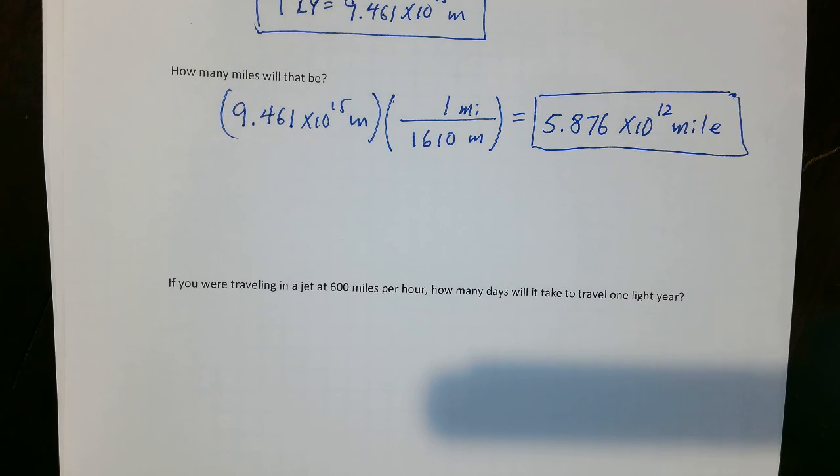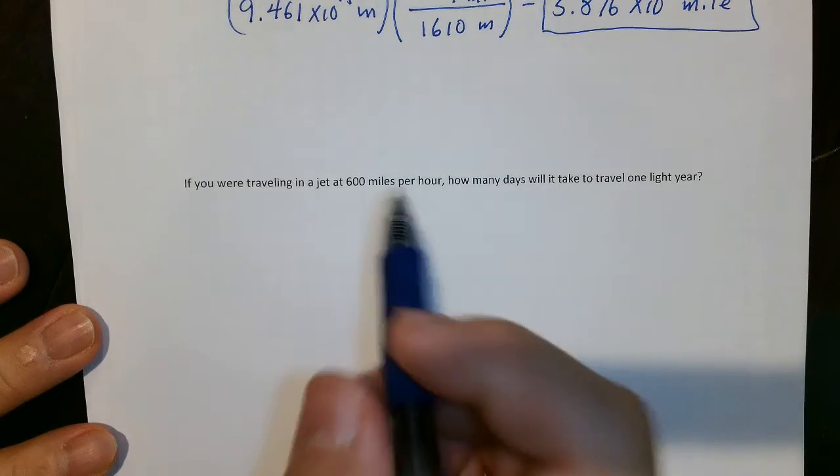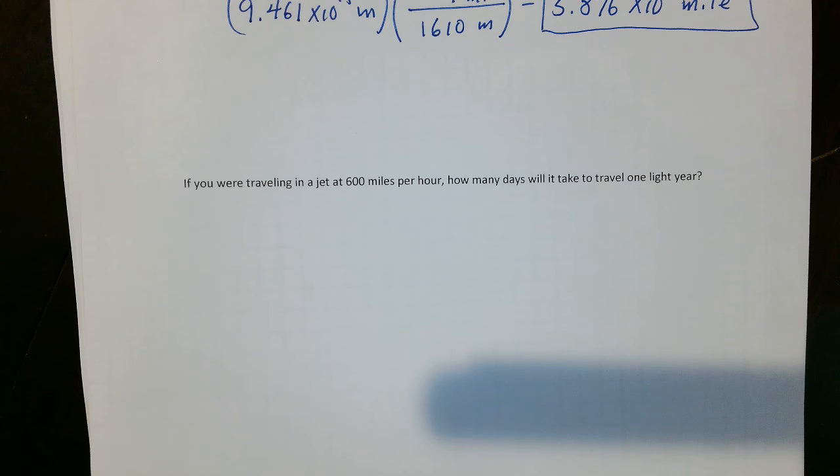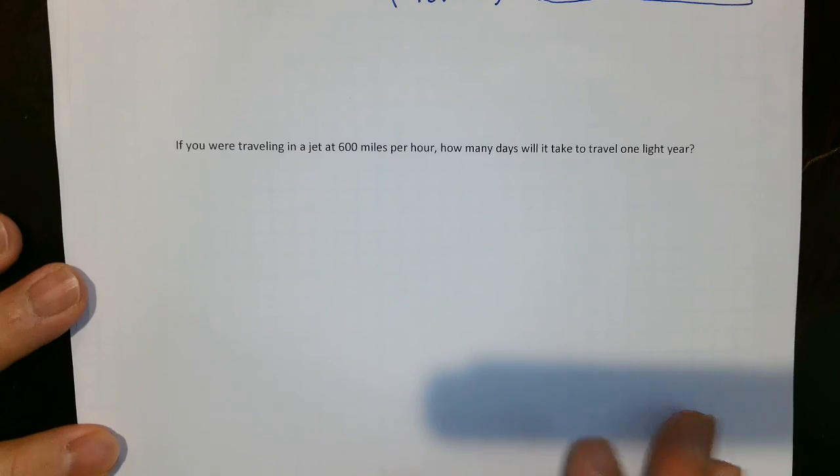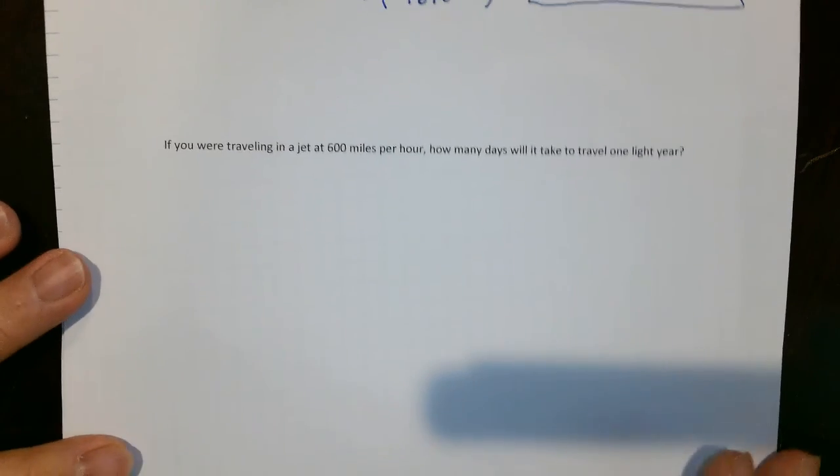Well, let's fly it out there. Let's say we're going to try to fly out to 1 light year distance on a commercial jet airliner. We did something similar to this with flying out to the sun, remember? But if we were to fly out 1 light year out from Earth, let's see how many days it takes.